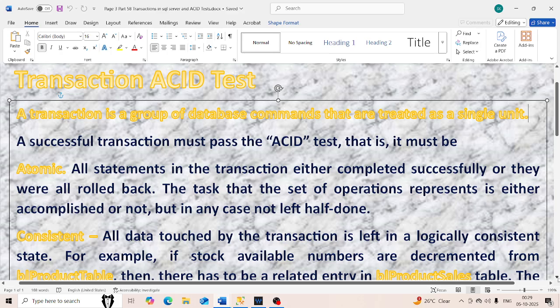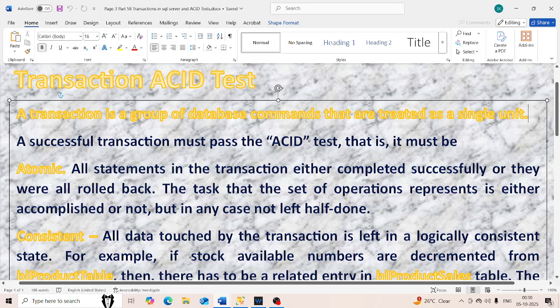Let's see what we mean by each of these. A transaction must be atomic, meaning all statements in the transaction either complete successfully or they are all rolled back.